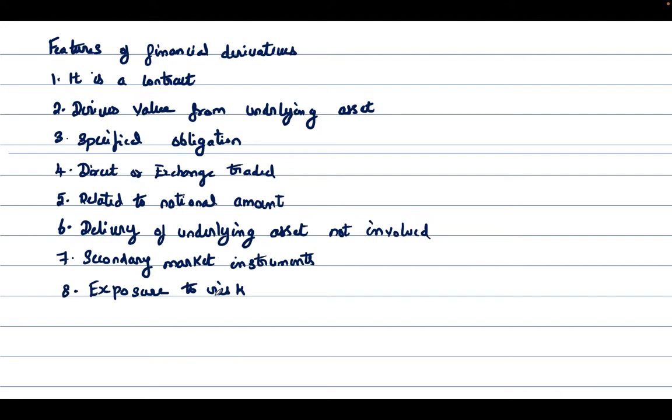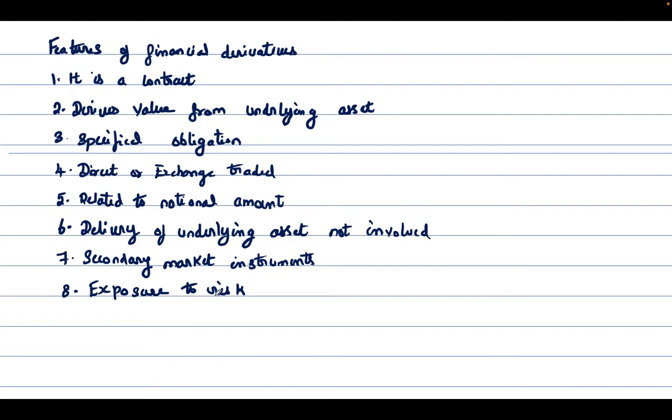So, these are the features of financial derivatives. It is a contract between two parties. Derivatives take their value from an underlying asset. They have a specified obligation. Whenever a contract is entered, they have a specified obligation on a specified date.